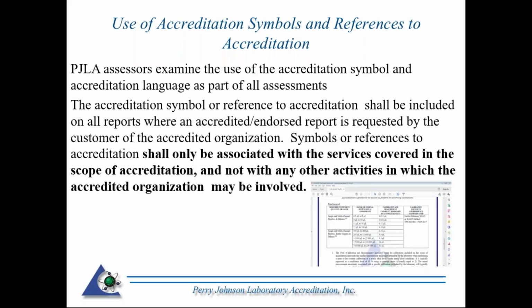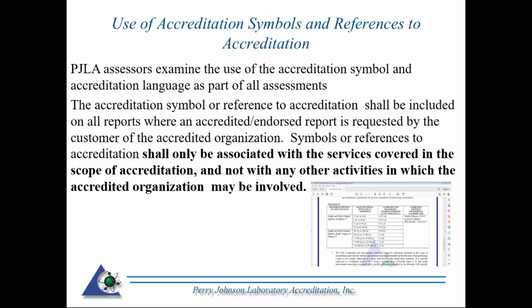So as part of an assessment, the PJLA assessor examines the use of accreditation symbols and accreditation language as parts of all assessments. And here in a little bit, we'll take a look at what it can be used on and what it can't be used on.